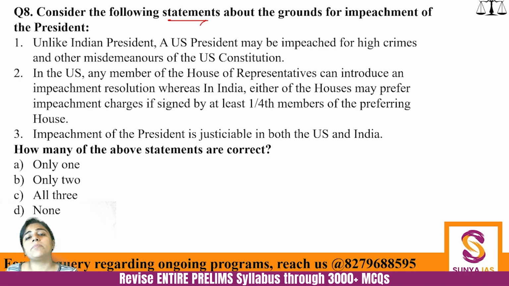Consider the following statements about the grounds for impeachment of the president. Unlike Indian president, the US president may be impeached for high crimes and other misdemeanors of the constitution.